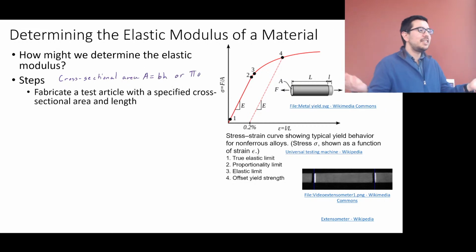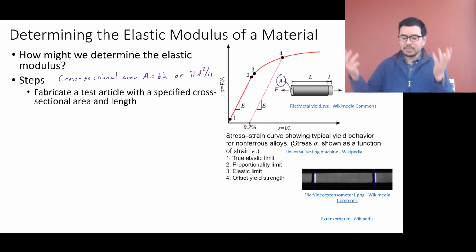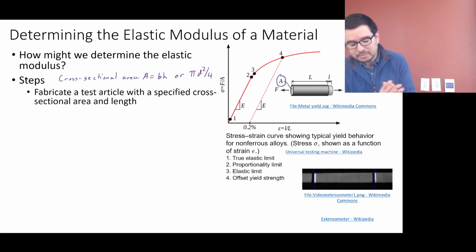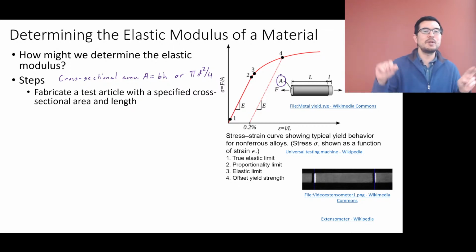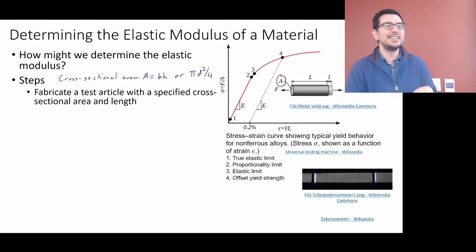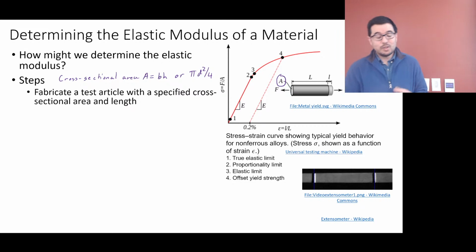First, and I just wrote these down, and you could add or subtract steps, but this is kind of what came to my mind. First, go ahead and fabricate a test article. You want to sound fancy, so I'm going to use a test article. I'm going to make some samples, and you want them to have the same cross-sectional area and the same length.